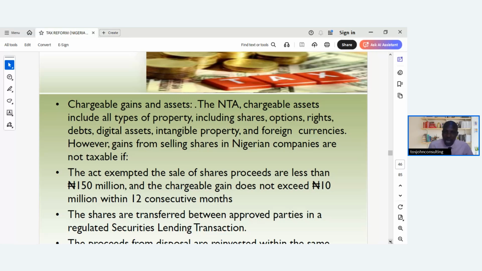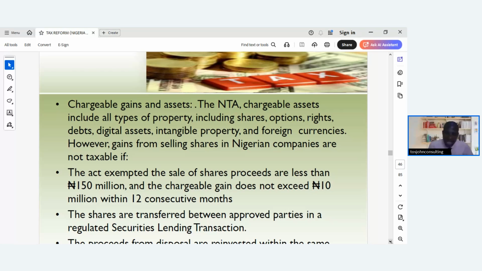However, gains from selling shares in Nigerian companies are not taxable if you meet this condition. The Act exempts the sale of shares proceeds at less than 150 million, and the chargeable gain does not exceed 10 million within 12 consecutive months. That is the condition if you will be exempted from tax on the sales of your shares.